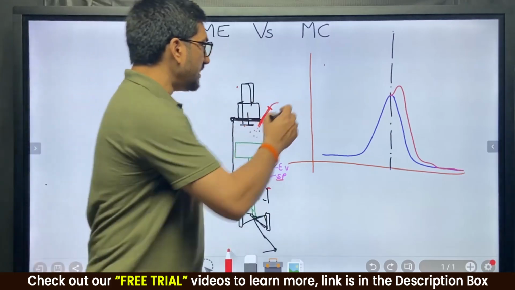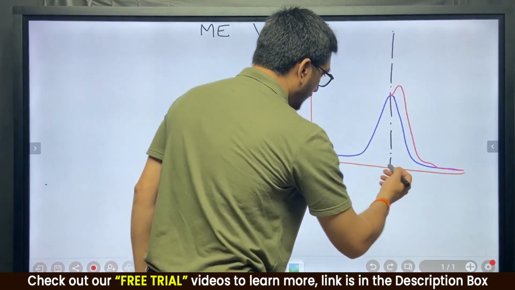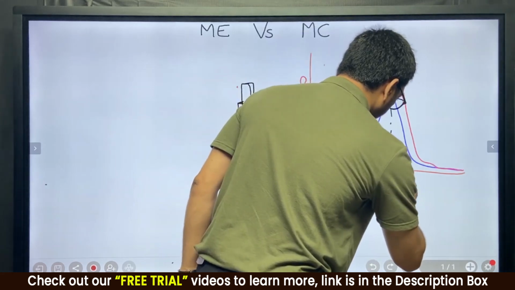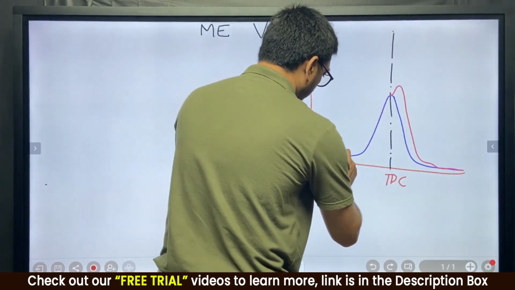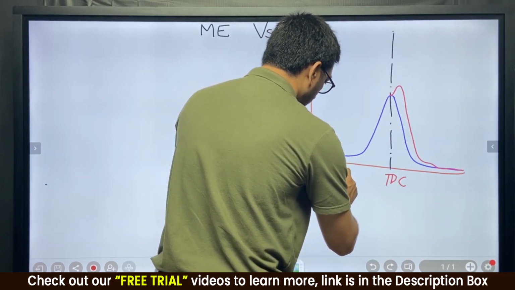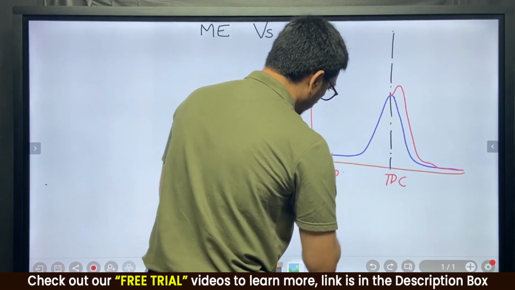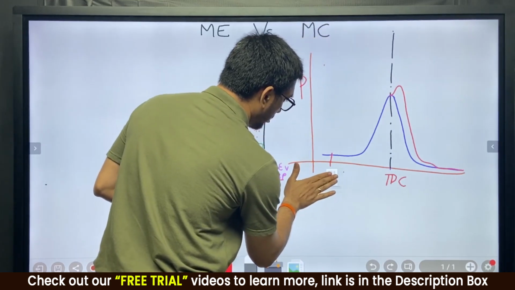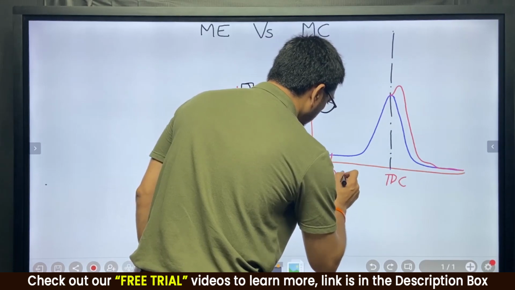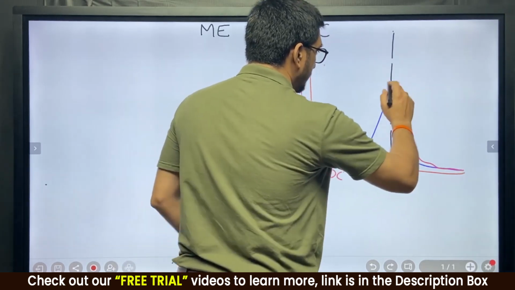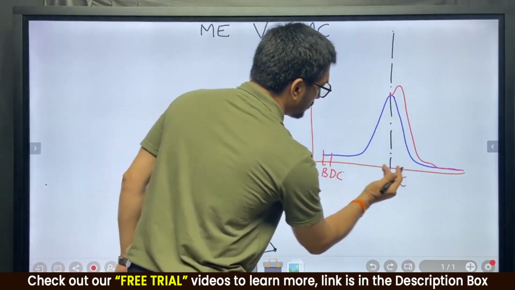If we try to see the same thing in this P-theta diagram, this is the distance, this is TDC. Let's say this is the BDC point. So from BDC to TDC, this is what is being depicted, pressure and the stroke.